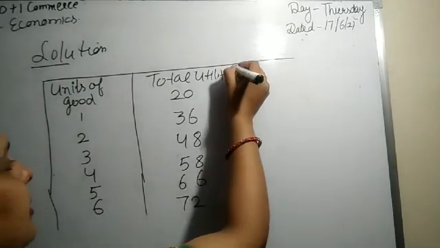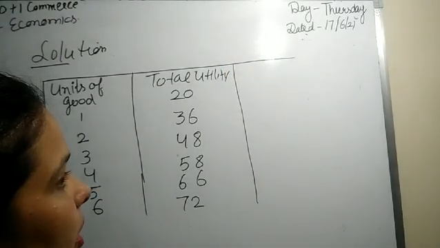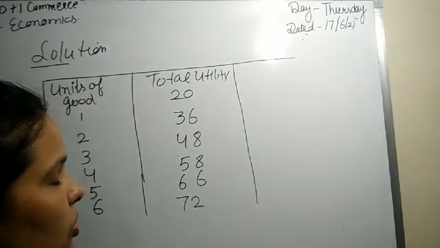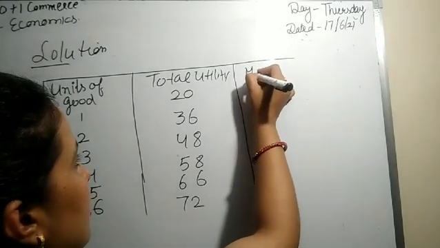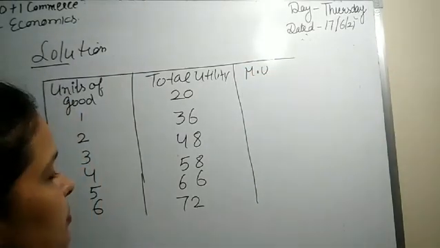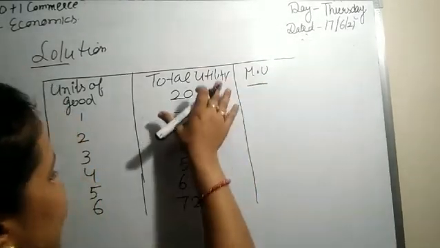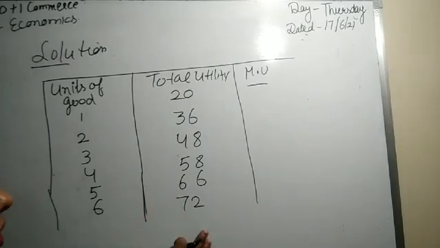So this is the data given in the question. Now to find out the equilibrium position of the consumer, first we have to find out the marginal utility, because marginal utility is very important to find the equilibrium position. This is the case of a single commodity.